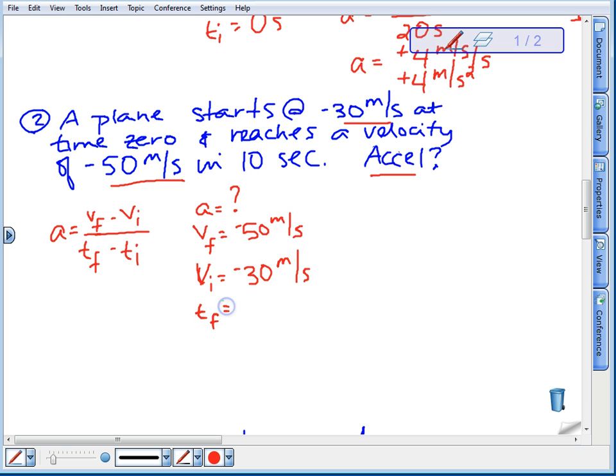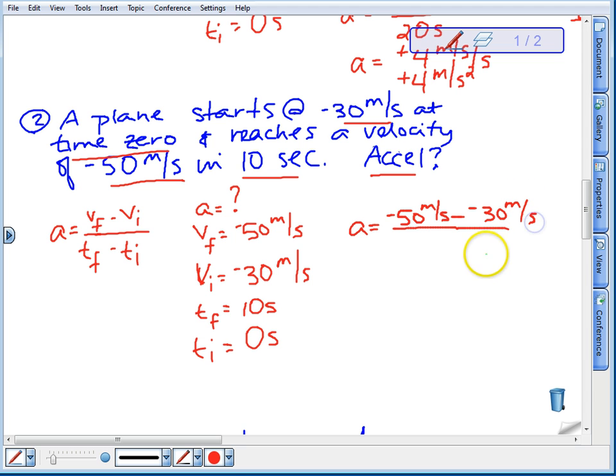I ended, let's do TF first. I ended at 10 seconds. So my TF is 10 seconds, and my TI, it says I started at time 0, 0 seconds. So when I plug in, I say acceleration equals negative 50 meters per second minus negative 30 meters per second over 10 seconds minus 0 seconds.